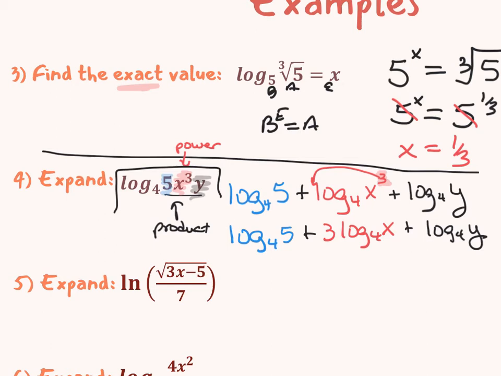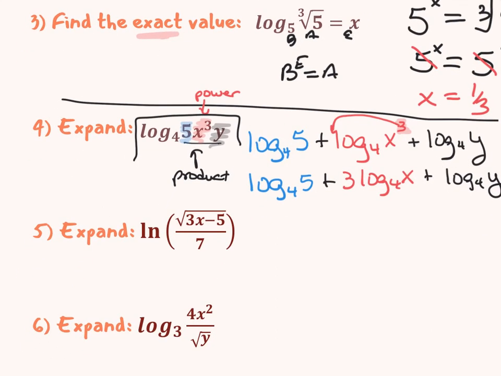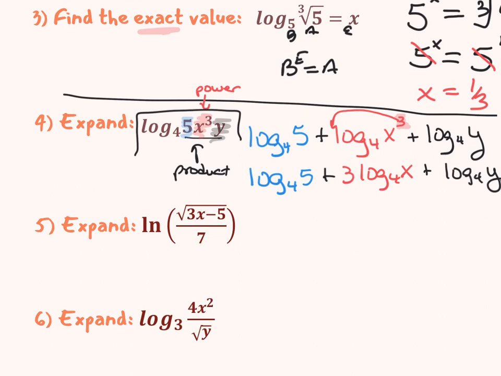Let's try the next one. The next one is a fraction. So this tells me I'm going to be using the quotient property. And notice I also have a square root, which I can turn into a fraction exponent. So I'm going to also use the power property.